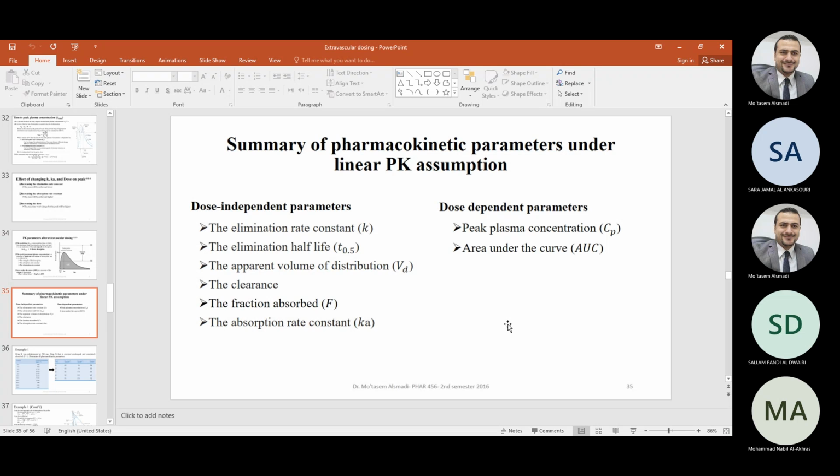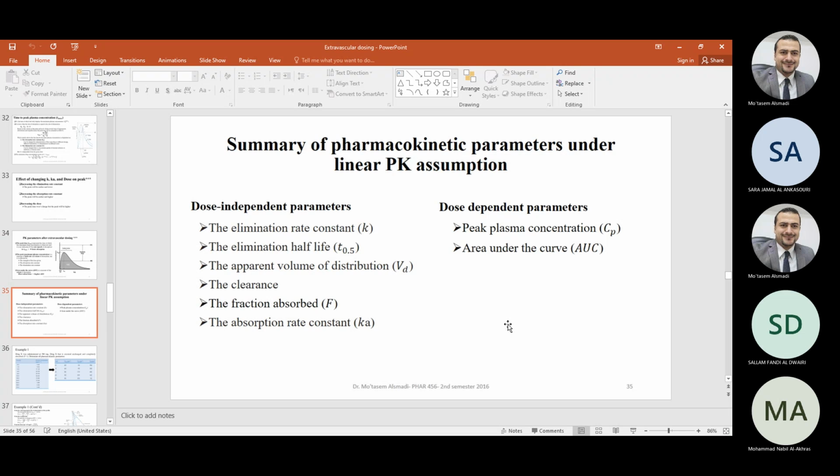What should be dose independent? Tmax, also the disposition parameters, which are the K, the Vd, the clearance, the half-life, and also the Ka and the F, the absorption parameters. Also, they should be dose independent, because if you have linear absorption, they shouldn't vary by changing the dose. That's the Ka and the F.